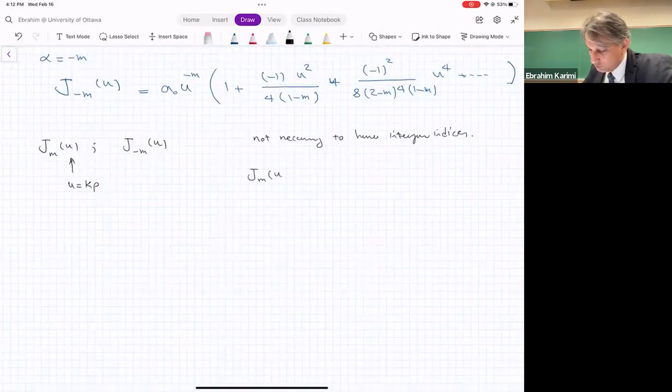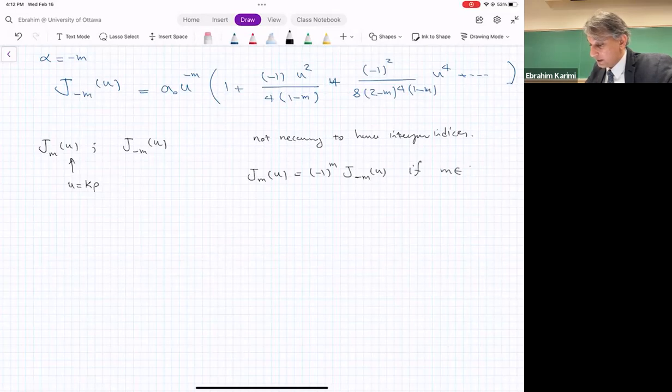J minus m of u is linked to Jm of u by minus 1 to the power of m, if m is an element of the integers. Or maybe it's vice versa.